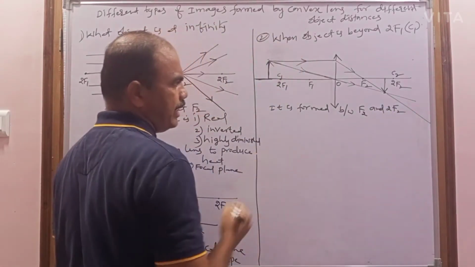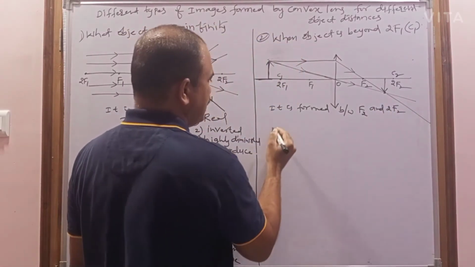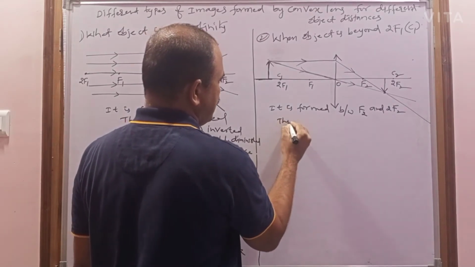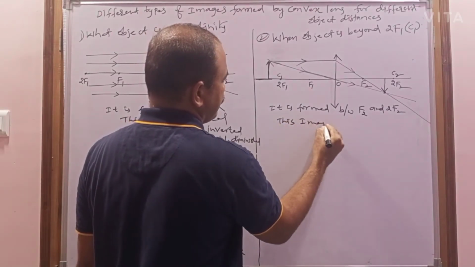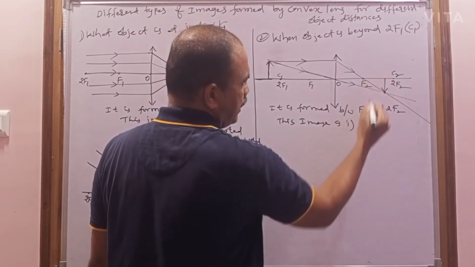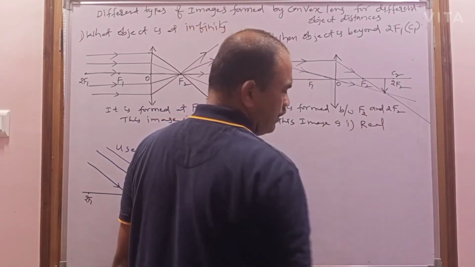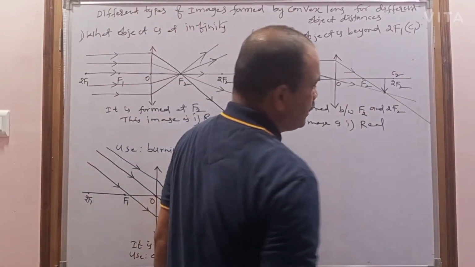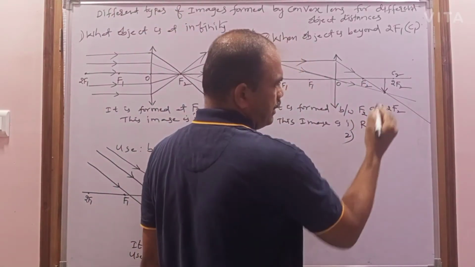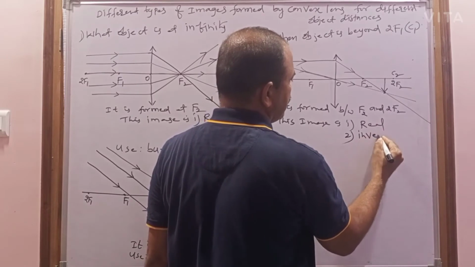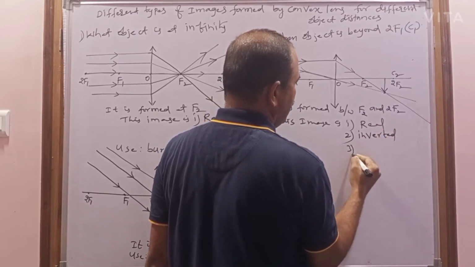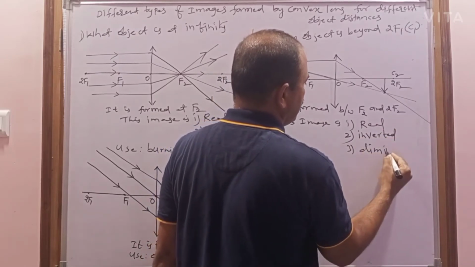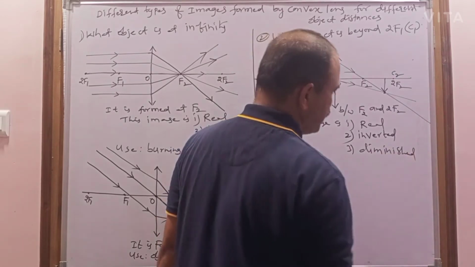Now coming to its characteristics. First, it is real. Why is it called real? Because it is formed when the refracted rays really intersect. Second, it is an inverted image. And third, it is diminished.